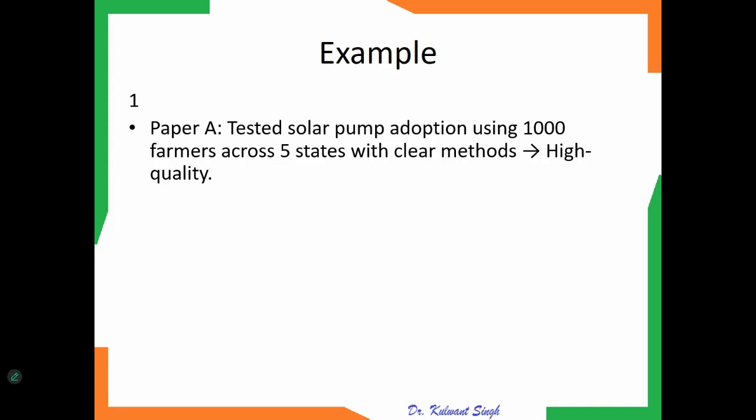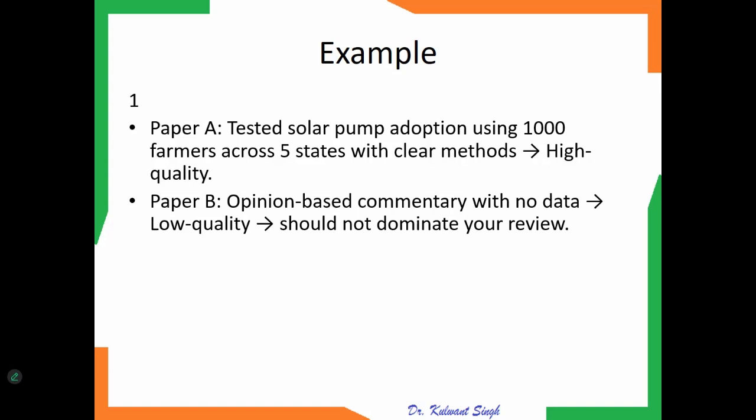We can say this is a paper of high quality. But if a paper is an opinion-based commentary with no data available, then that paper has low quality and should not be considered for your review. Opinion-based papers we will always avoid in SLRs. We will try to get high quality papers.